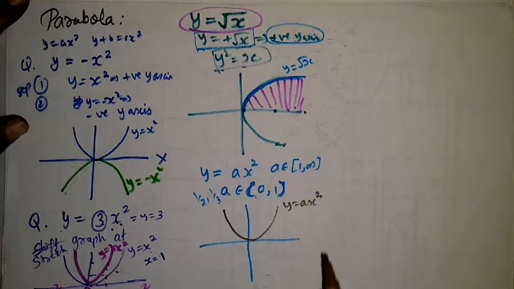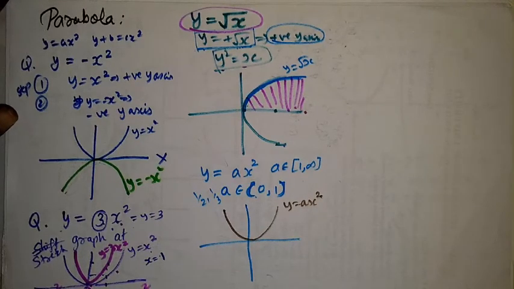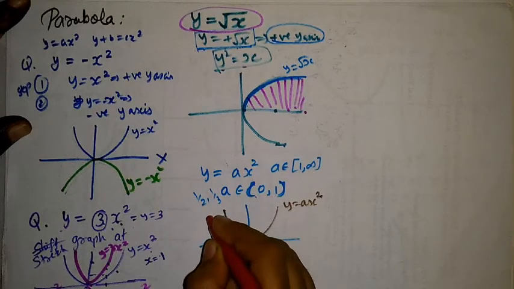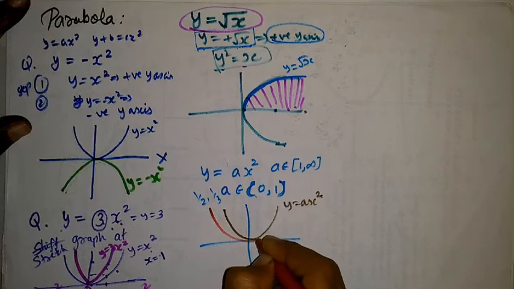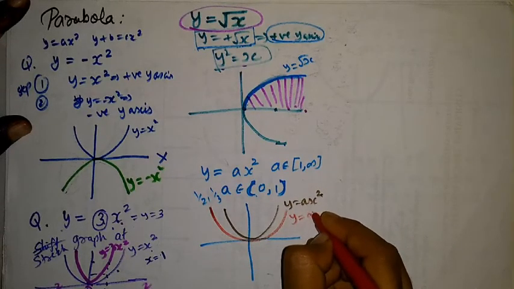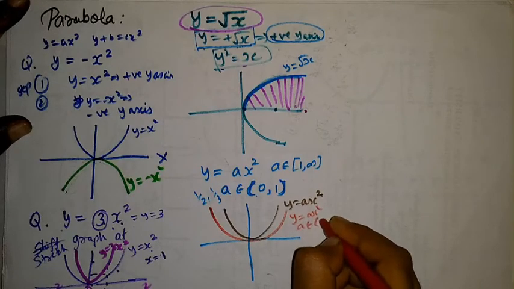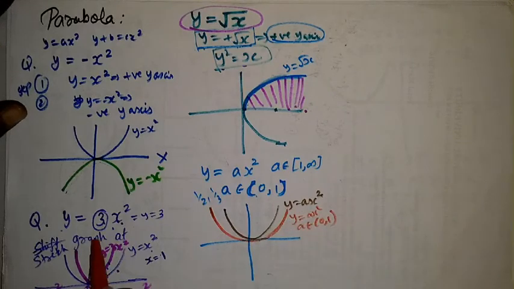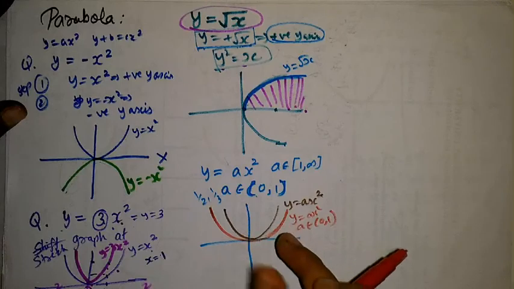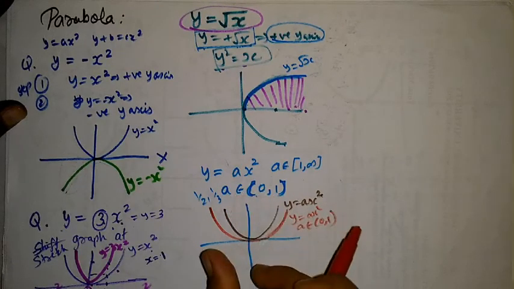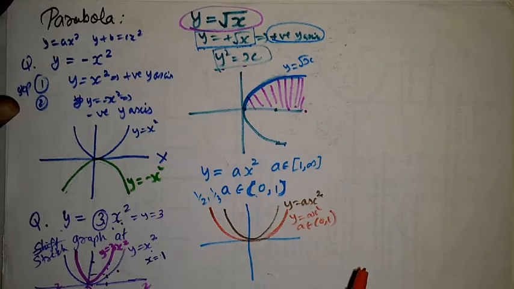Then when a belongs to 0 to 1, the graph will be like this. Y is equal to ax square when a belongs to 0 to 1. So do you come to know the difference? When it is greater than 1, then it will be inside the actual graph, and when it is between 0 to 1, then it will be broader than the actual graph.